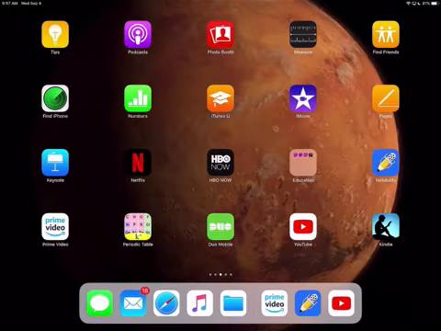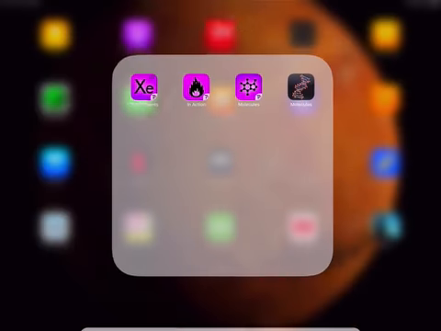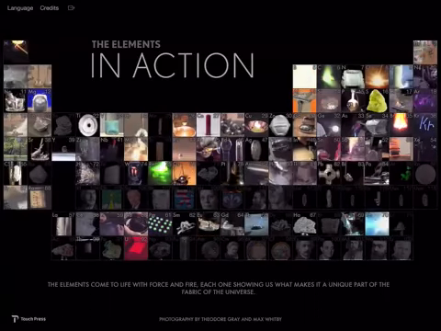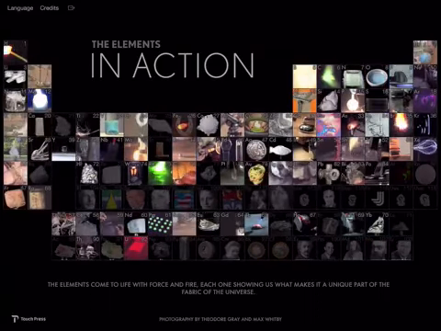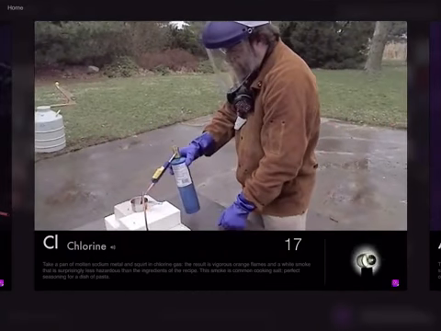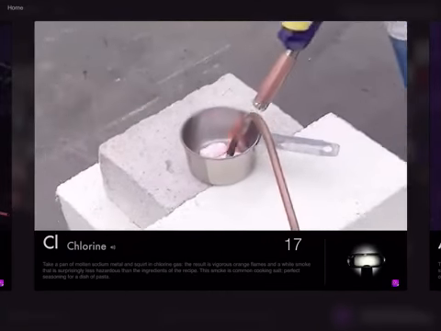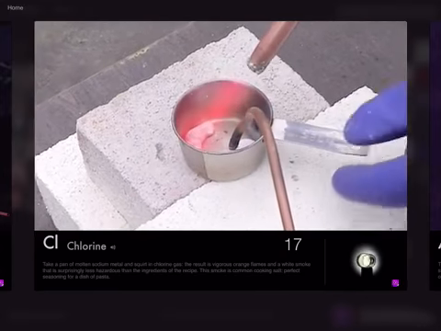And so, low budget, we have, is that going to be chlorine? Yeah, it's chlorine. So here's Theodore. Here's chlorine, sodium.